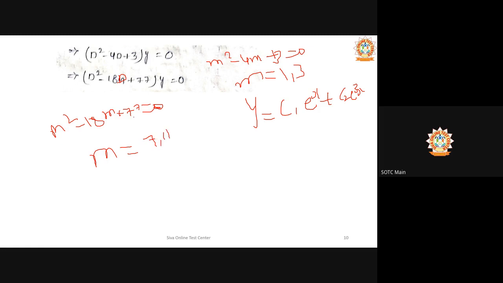Because if you multiply minus 7 and minus 11, it will become plus 77. And if you add minus 7, minus 11, it will become minus 18. Right? So your roots will become 7 and 11. The general solution y is equal to c1 e power 7x plus c2 e power 11x. This is your general solution. Now try to see the next one.